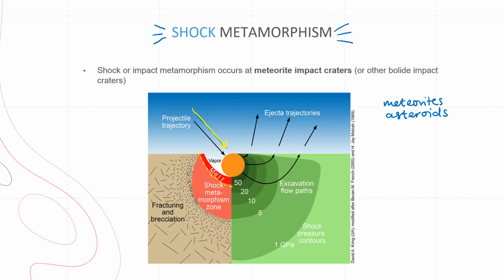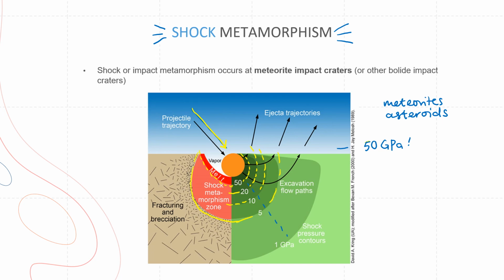So if we look at the shock contours, you can see here that the closest to the projectile could reach about 50 gigapascals. And further away, it becomes less and less, because as you can expect, the region in which the projectile hits first would suffer the highest amount of pressure, and this zone closest here would be called the shock metamorphism zone.